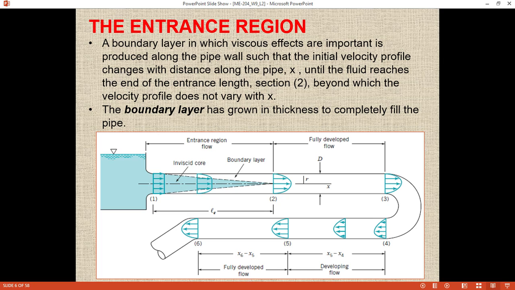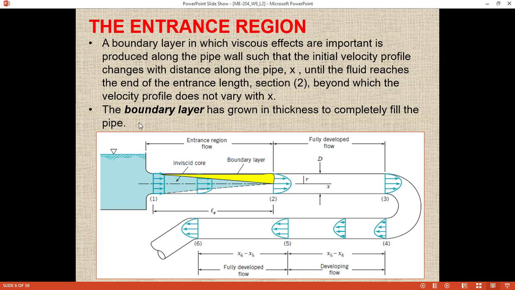And this line is called the boundary layer, which is formed due to the viscous effect. Here you can see the yellow portion, which I indicated. This is basically the region of viscous effect. Here the fluid is viscous, and this line is called a boundary layer line.